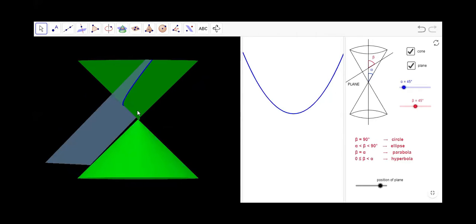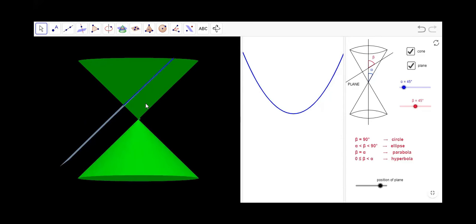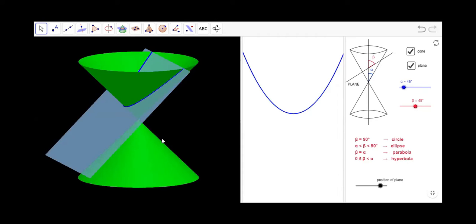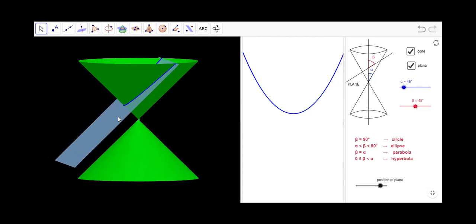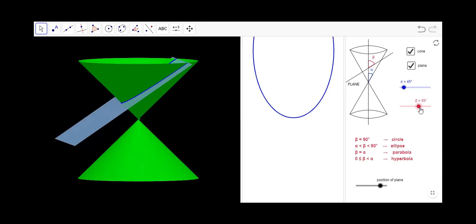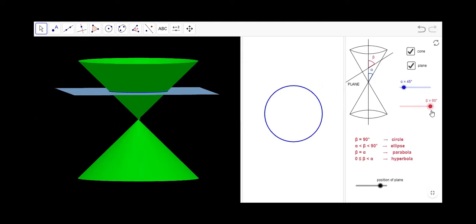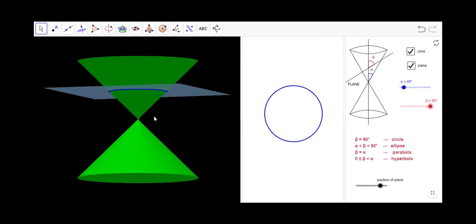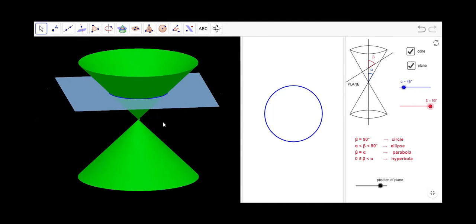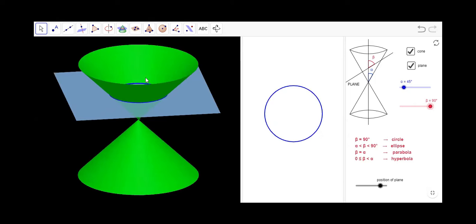So punta tayo doon sa unang klase ng conic section na meron ka. The first one is actually a circle. Kailan ka magkakaroon ng circle? Magkakaroon ka ng circle if I adjust the angle of the plane that cuts the circular cone to a 90-degree angle, meaning to say, perpendicular yung plane doon sa ating cone axis.